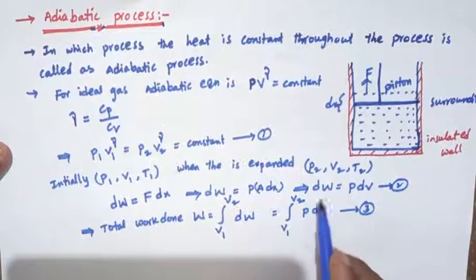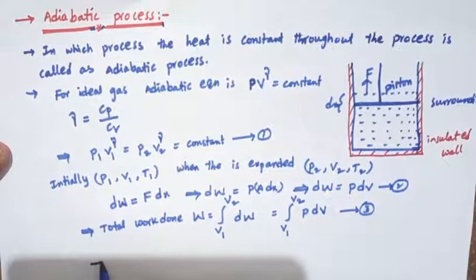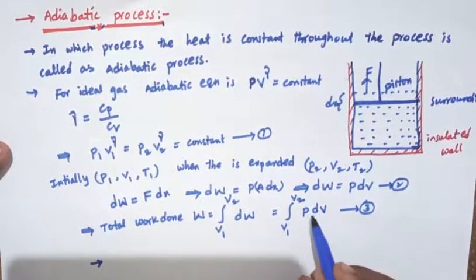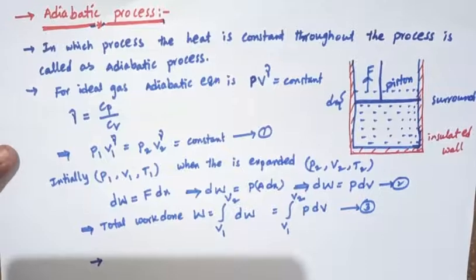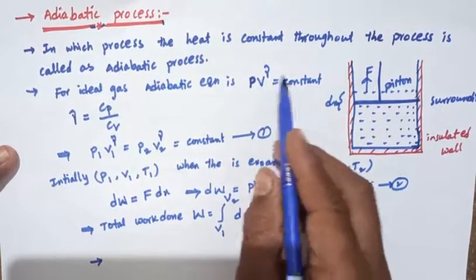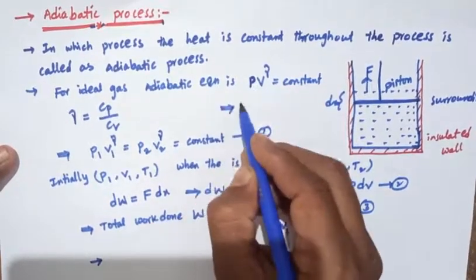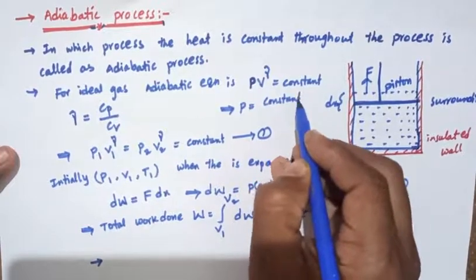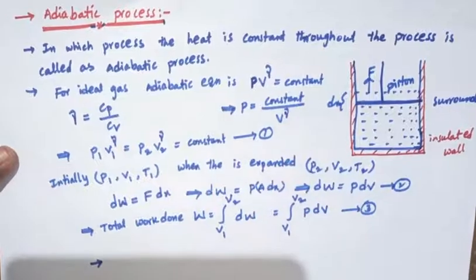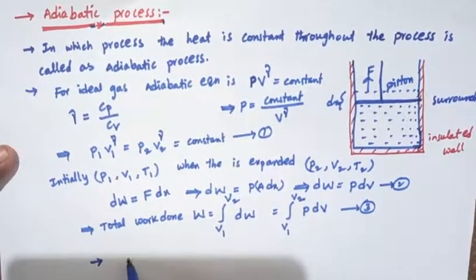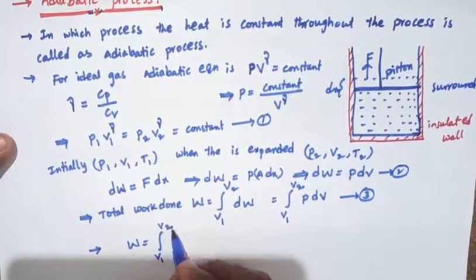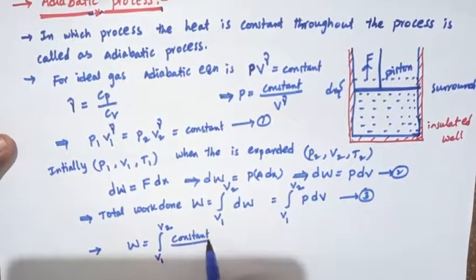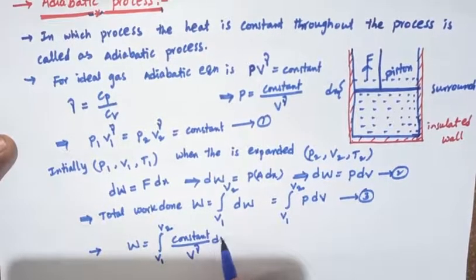Here we have P dV. Now we consider PV to the power of gamma equals a constant, so P equals constant divided by V to the power of gamma. Substituting this into equation number 3, W equals the integration from V1 to V2 of constant by V to the power of gamma into dV.